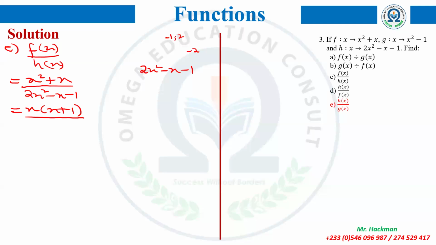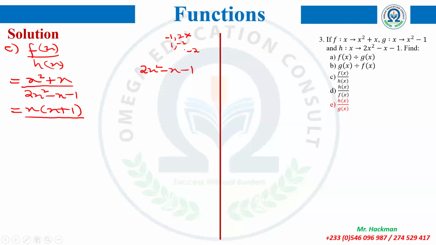So it's either minus 1 and 2, or 1 and minus 2 to be the pair. However, if you add the minus 1 and the positive 2, we get positive 1. But we want the addition to give us negative 1, not positive 1. So this cannot be the exact pair that we are looking for.